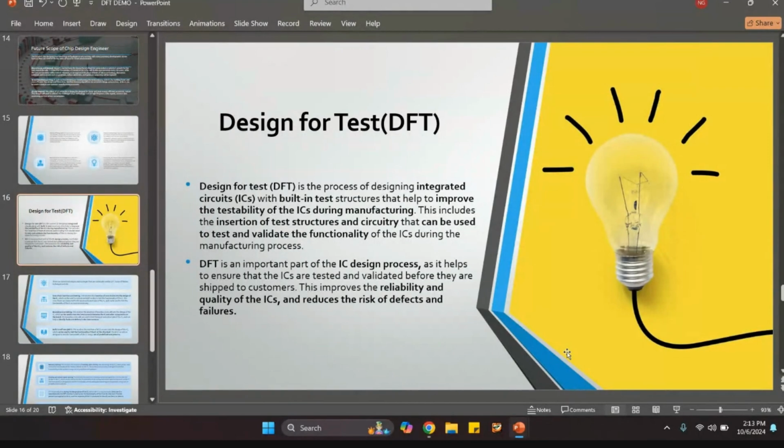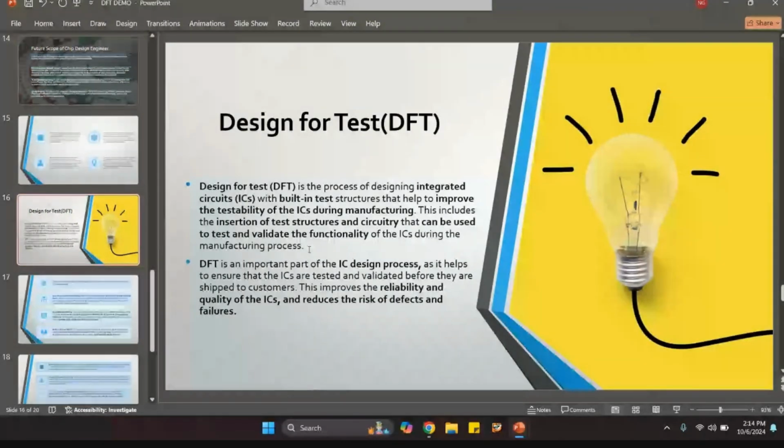On a close zoom into DFT, I'm going to help you with the abstract view of DFT, which is a process of designing integrated circuits with built-in test structures that help to improve the testability of the ICs during manufacturing and post-manufacturing also. This includes the insertion of test structures and circuitry that can be used to test and validate the functionality of the ICs during the manufacturing process.